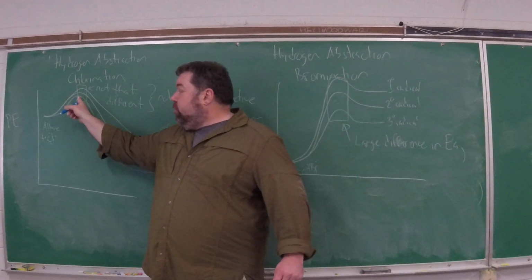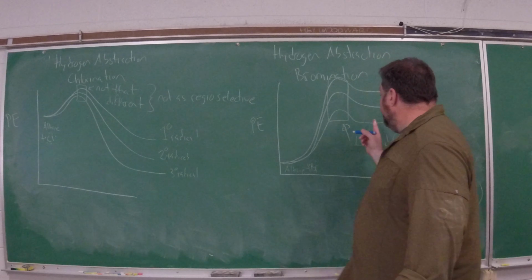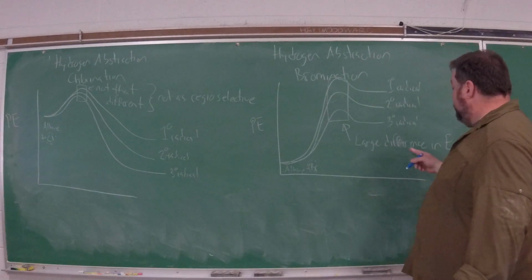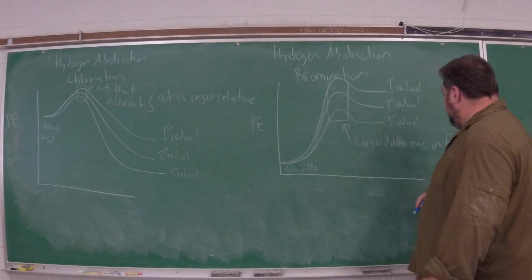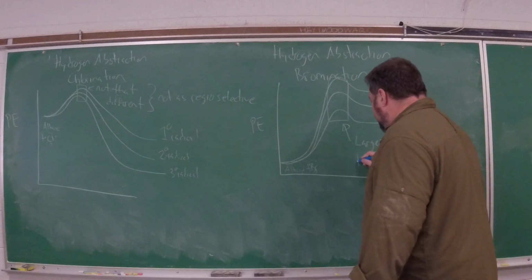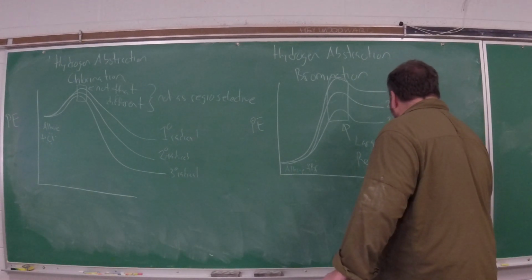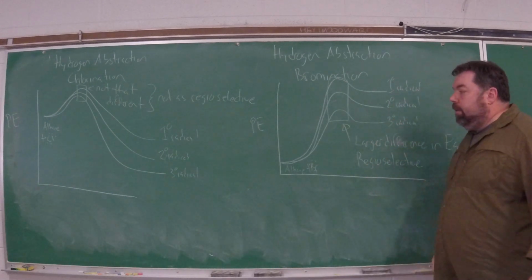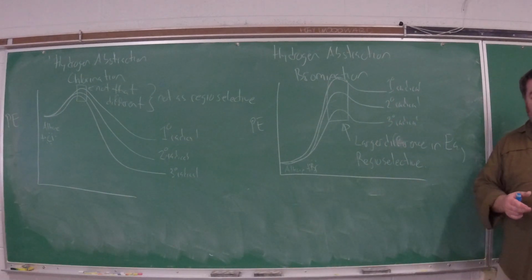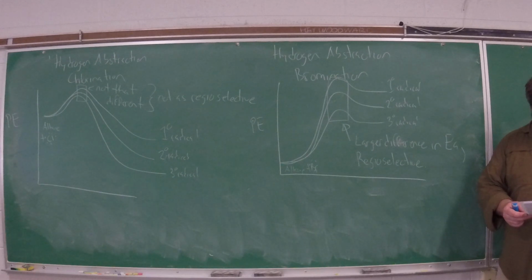These energies are much closer together. Larger difference in EA means it's more regioselective, in the case of chlorine and bromine.